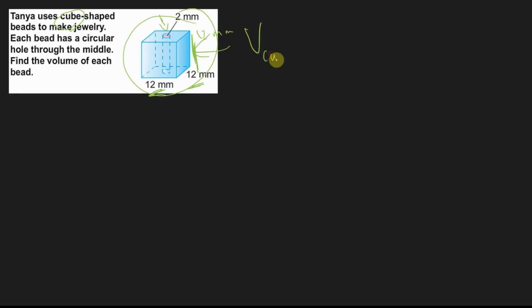The volume of this cube, and pardon my handwriting, I'm trying to write on my laptop screen, but the volume of the cube is going to be the same as length times width times height, or it's going to be 12 times 12 times another 12. So you can do this in a calculator if you need to, but just believe me. 12 times 12 times 12, that's going to be 1,728.